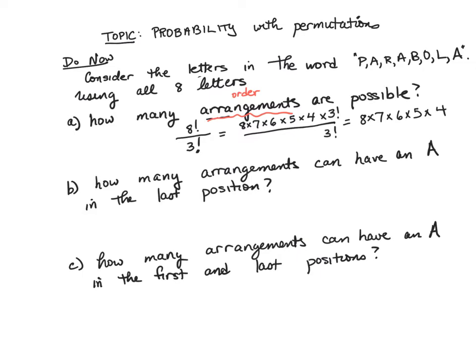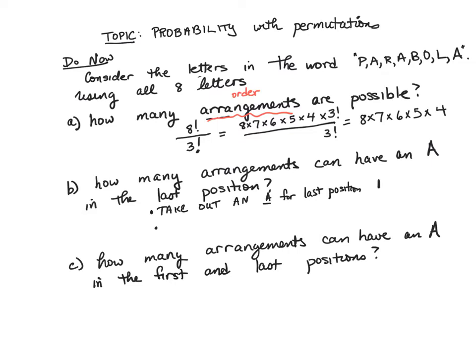Well, we have to be careful here. If we take out an A, now notice that here we have repeating letters. So if we take out an A and reserve it for the last position, there's only one way. So I'm going to write this down. Take out an A for the last position. But then there are 7 letters to arrange.